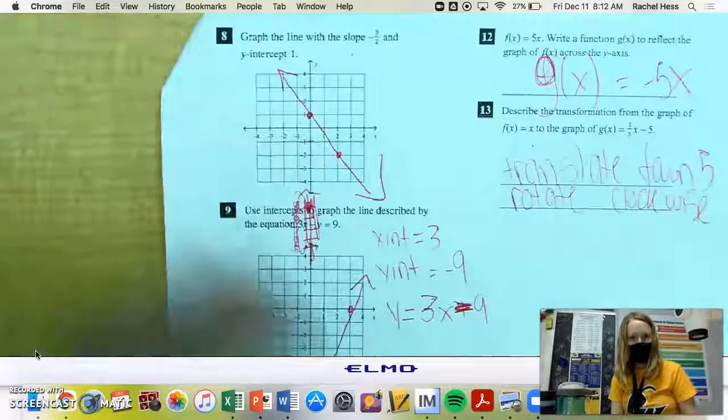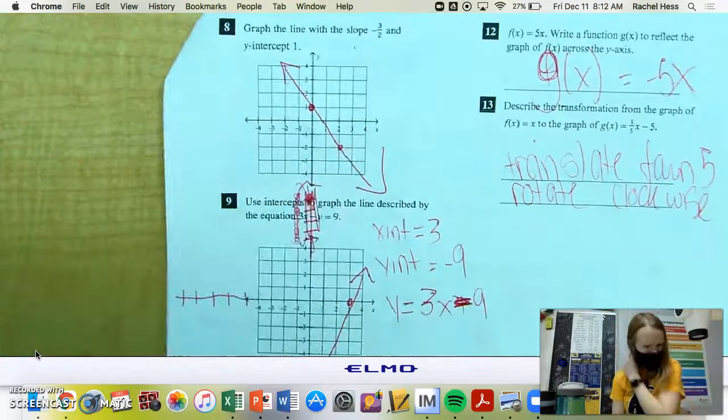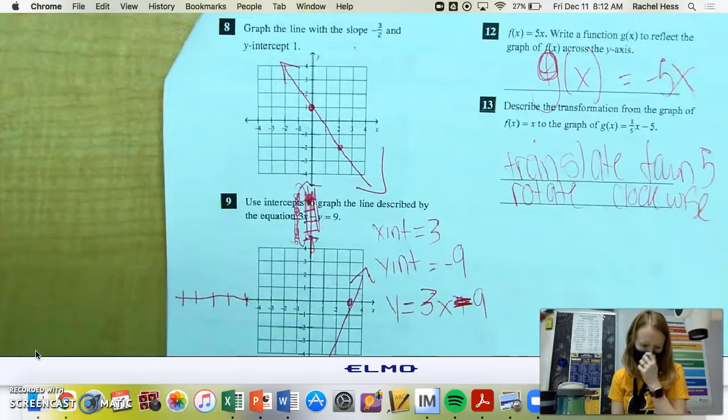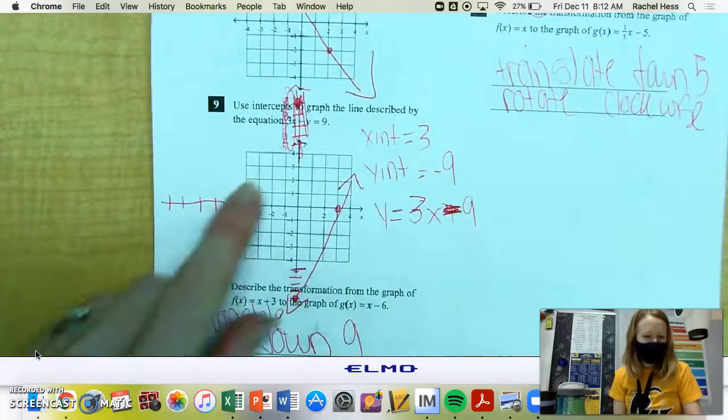And then 8 was next, right? A y-intercept of 1, down 3 over 2. Did we do 9 as well? Yeah. Sorry about my disgusting looking graph, but there were 2 different ways.